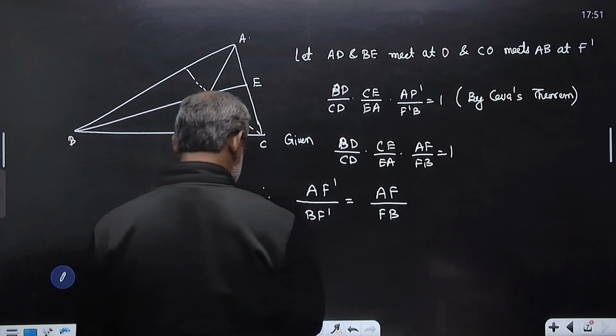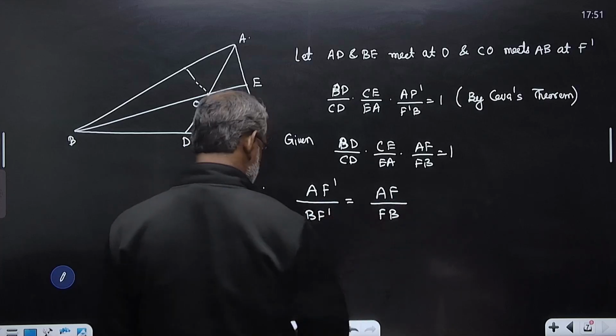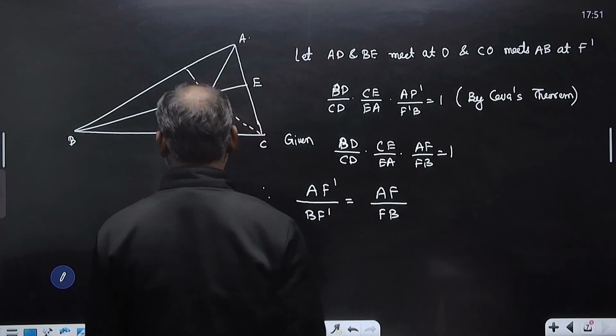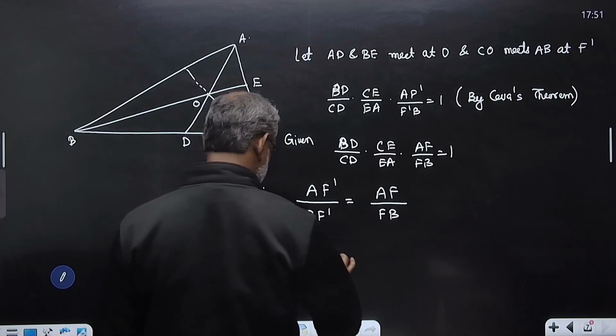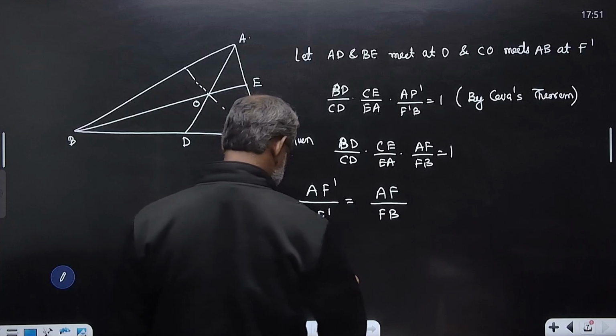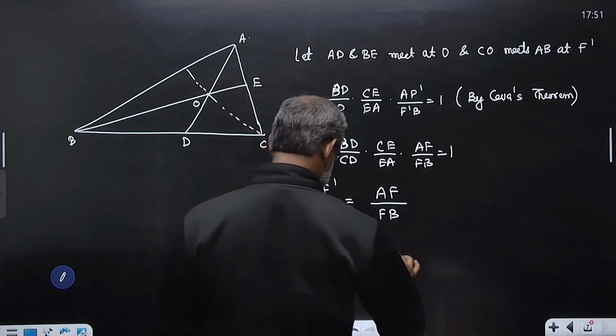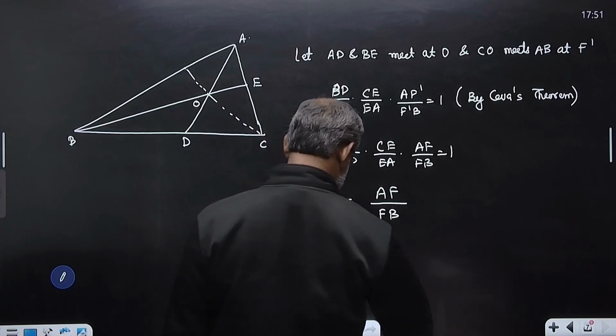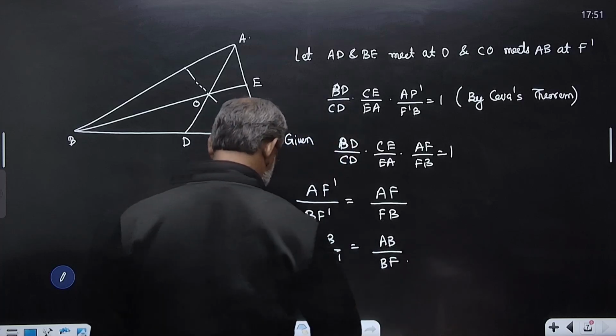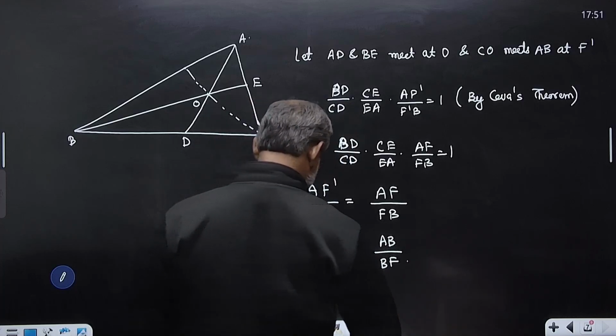So, what does this give you? Just add 1: AF dash plus BF dash, that is AB, upon BF dash is AB upon BF. So, you have BF dash is BF.